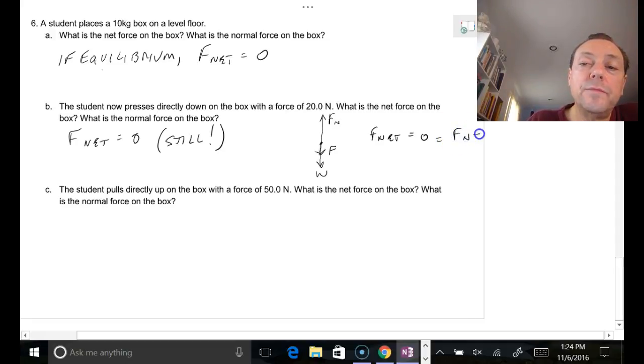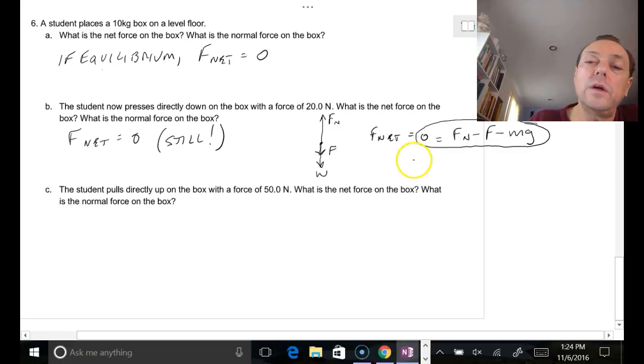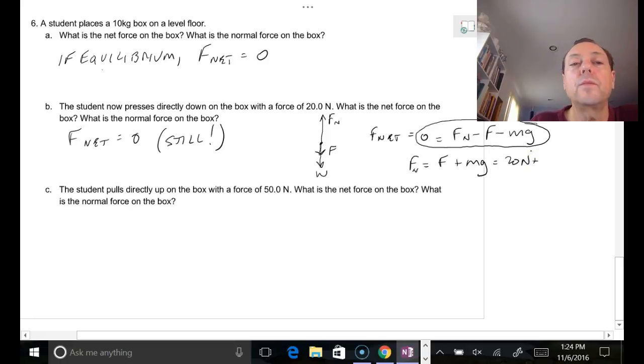So normal force is up. That applied force of you pushing down is negative, so it's down. And of course the weight is also down. We now have an equation to solve for normal force. So the normal force is going to be equal to the applied force plus the weight, or 20 newtons plus, what was it, 10 kilograms?